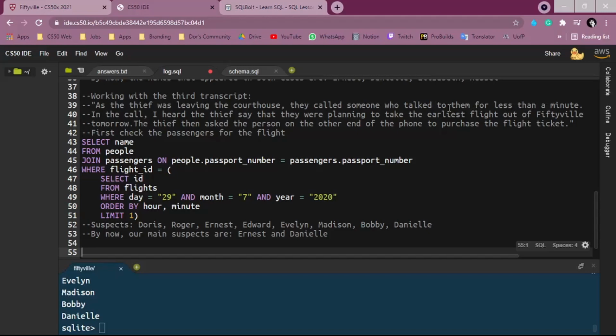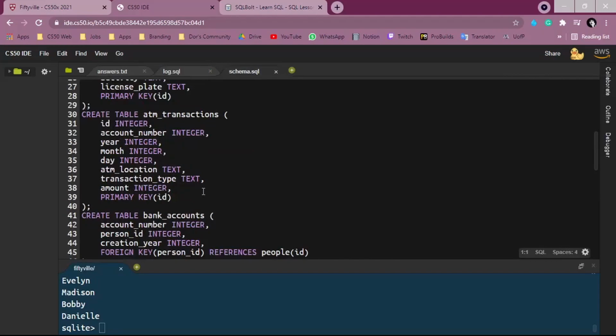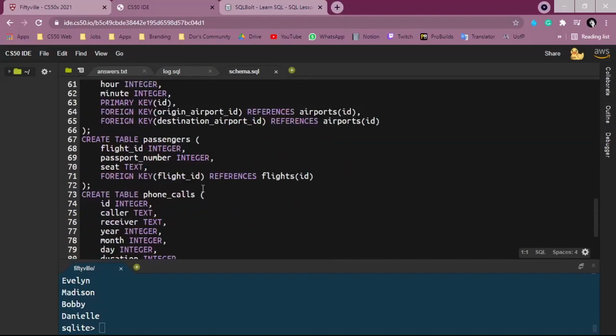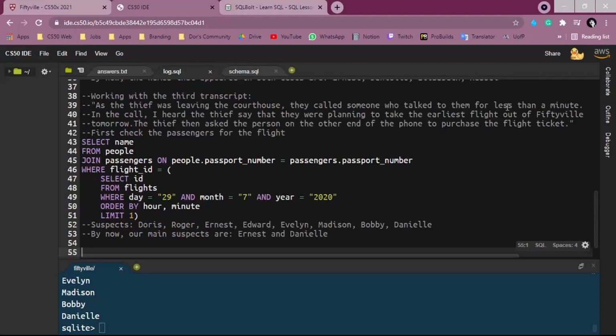So let's take a look at the phone calls table. Where is it? Phone calls. So here. We can use the year, month, day, and duration. So year, we know that it's 2020, month is 7, day is 28, and the duration we also know because it's saying here that they talked for less than a minute.